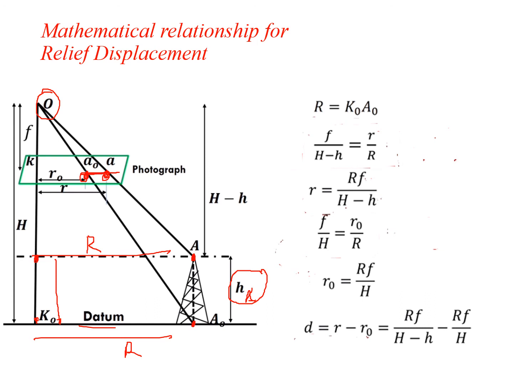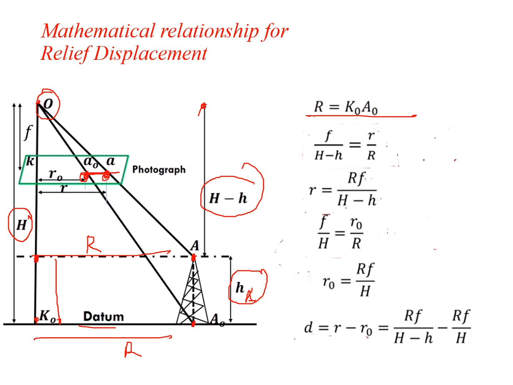Now you know that from the O point to your datum is nothing but your flying height. Therefore, from the A point, the top of this, to the exposure point is H minus HA, or you can simply write H. Now coming to this, you can say r. What is r? It is the distance.